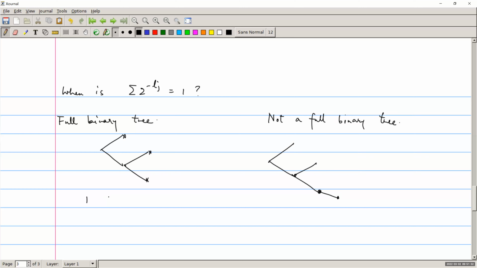The code word lengths are 1, 2, and 2, and so 2 to the minus 1 plus 2 to the minus 2 plus 2 to the minus 2 is 1. Here the code word lengths are 1, 2, and 3, so the three leaves are at depths 1, 2, and 3. So 2 to the minus 1 plus 2 to the minus 2 plus 2 to the minus 3 is strictly less than 1.